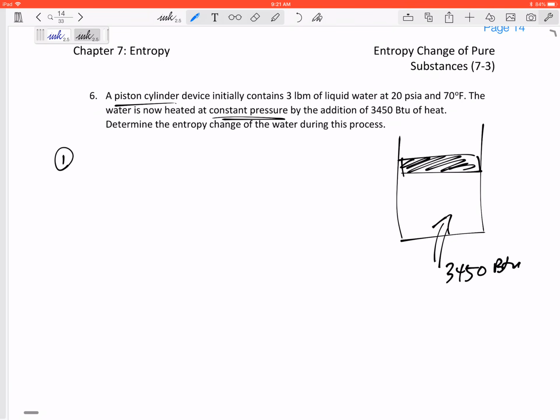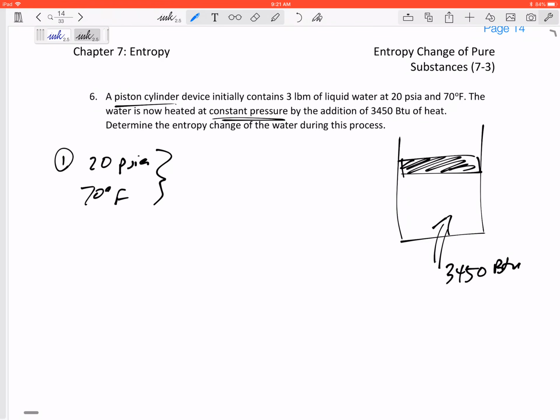Alright, so let's look at state 1. It was at 20 psi and 70 degrees Fahrenheit. From those two pieces of information and the fact that it was water, I would go to the water table, A4 or A5, and I would see that actually it's not on A4 or A5. It is a supercooled liquid.